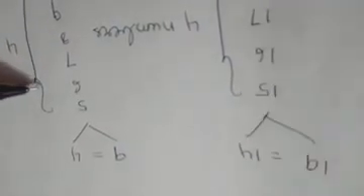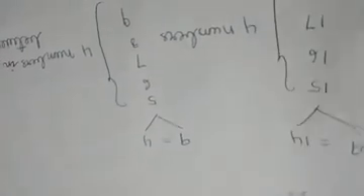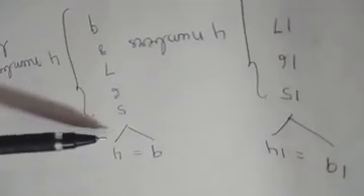Now we'll find out between 14 and 19: 15, 16, 17, 18. How many numbers are there, students? 4 numbers. Same thing with 4 and 9: 5, 6, 7, 8. So, 4 numbers are there in between, right? So, the common pattern is 4. That's why we have put here 4.